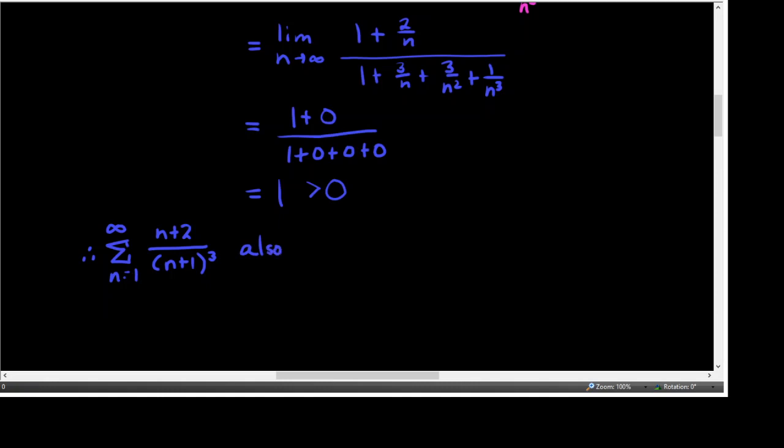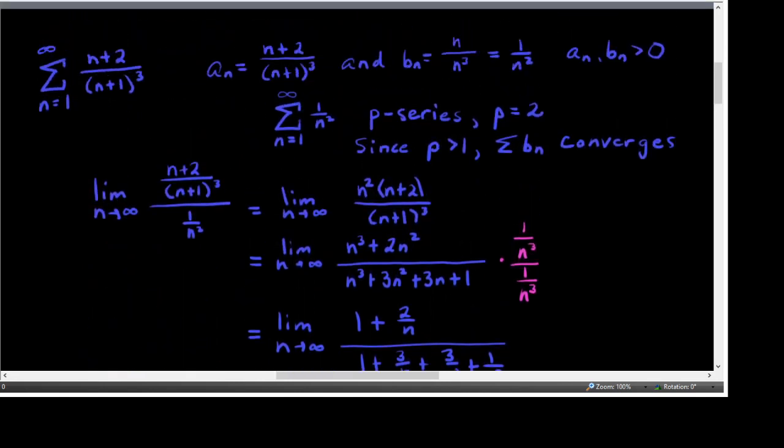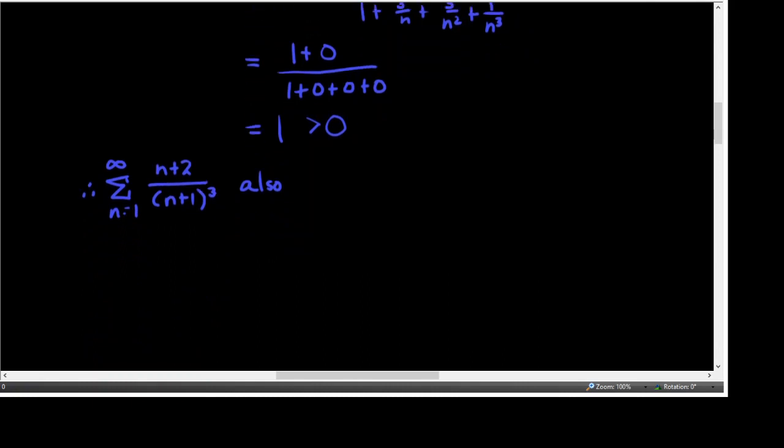You may have forgotten what that was, so let me go back up there and look at it. We compared it to 1 over n squared, and 1 over n squared is the p-series that converges. So that means that our series also converges by what test? Please don't forget to write the name of the test. That's a big part of your answer. It's by limit comparison.